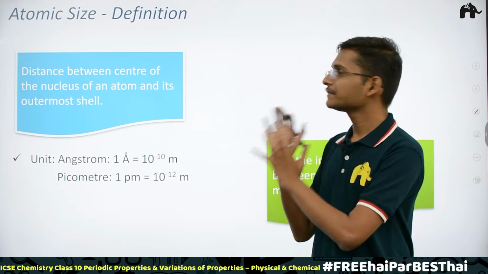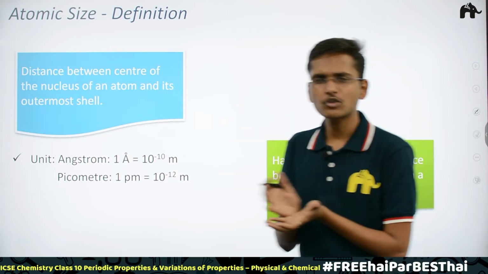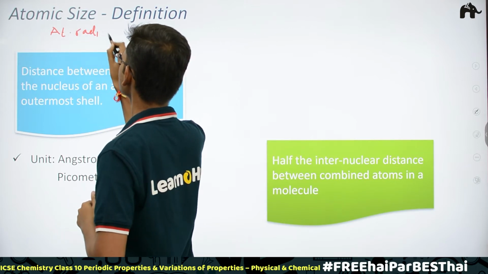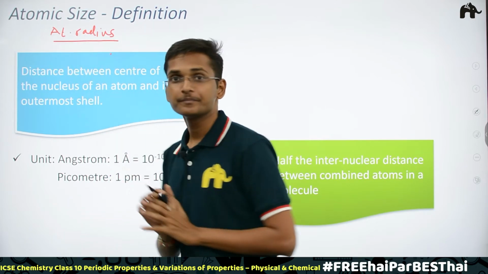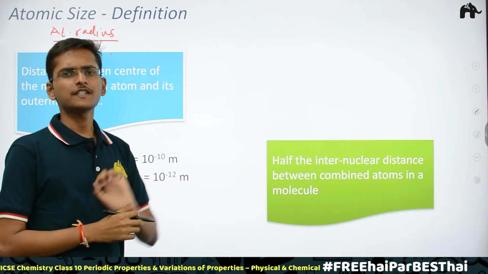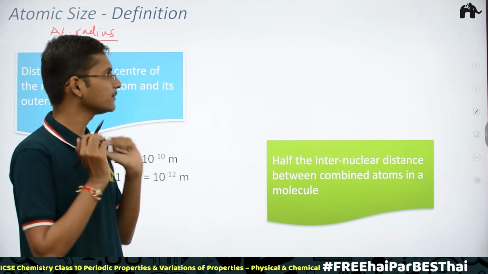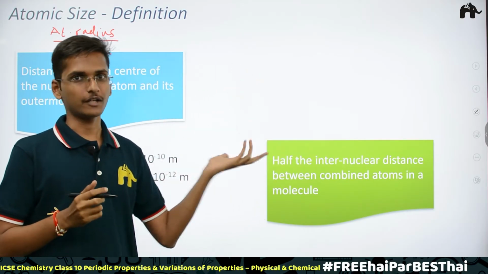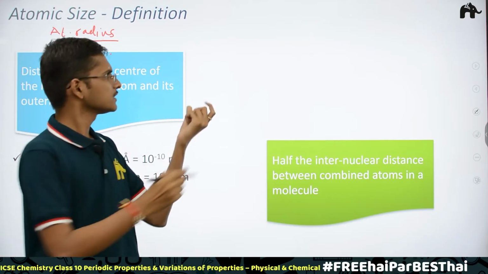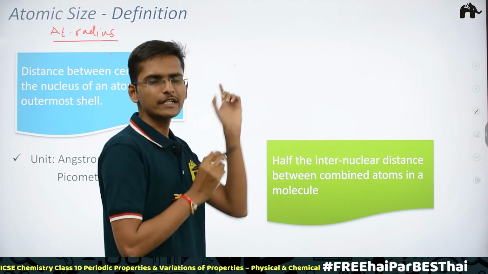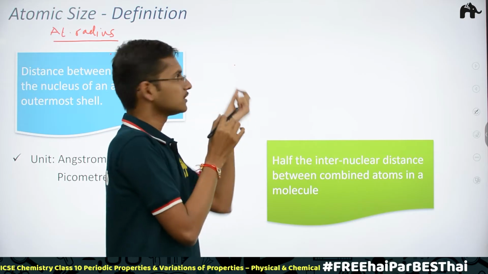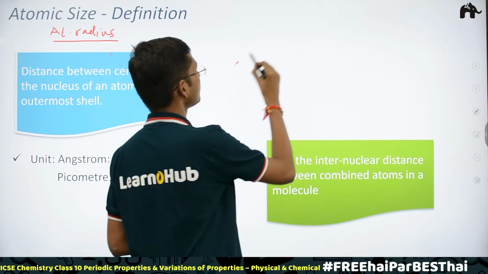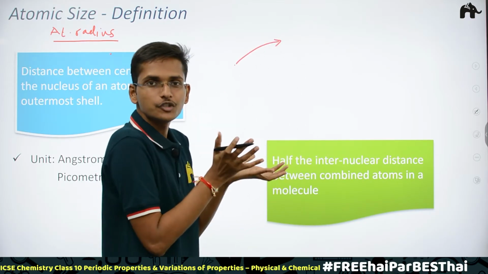Now let's begin with atomic size, or we can also call atomic size as atomic radius. What does atomic radius or atomic size mean? It's very simple. Suppose this point is an atom. I know you cannot see it with your eyes, so I am enlarging this atom for you to understand.